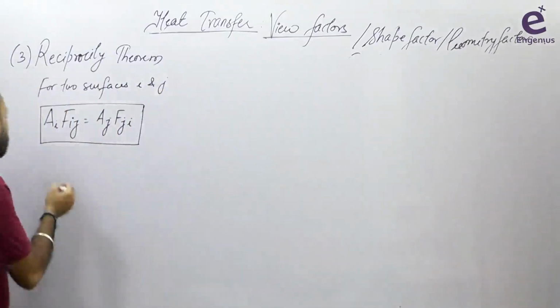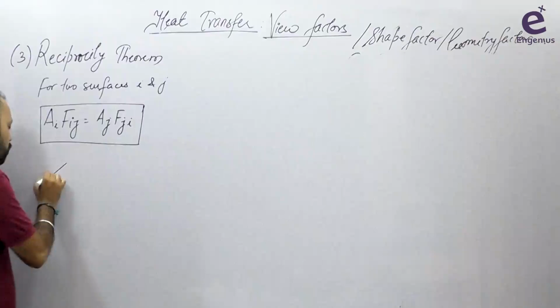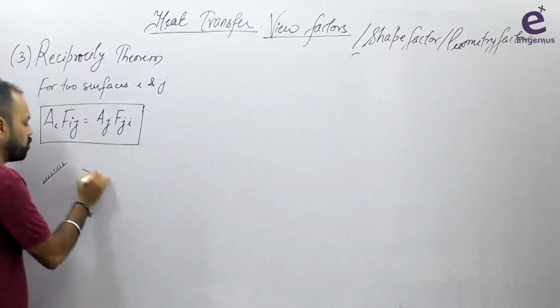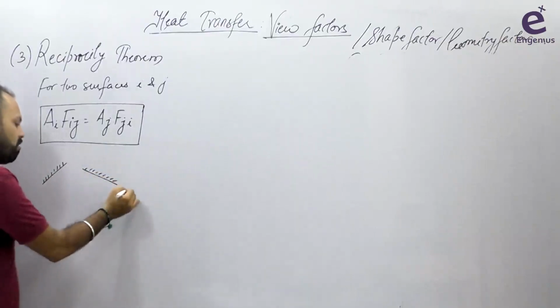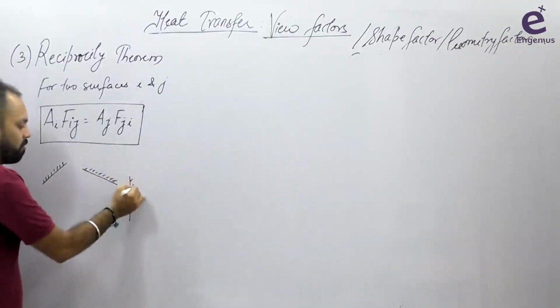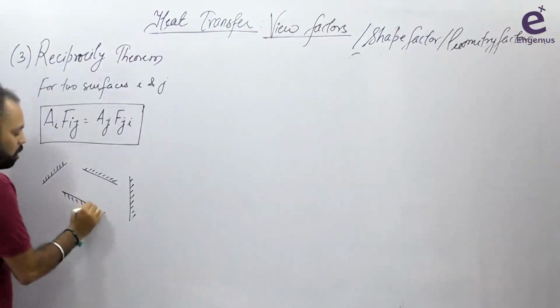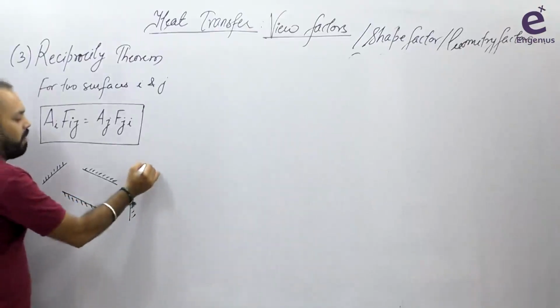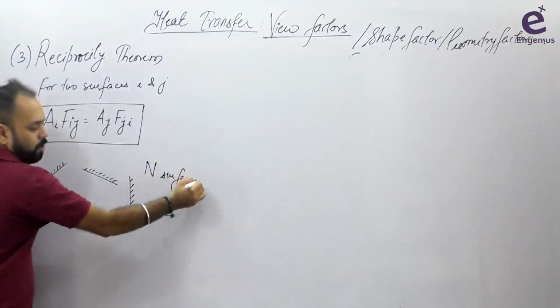Now the second thing: suppose you have n surfaces, like this. I'm not saying that they must form enclosures; they can be enclosures or not. In any case, the reciprocity theorem is valid. Suppose you have this surface also, and this one. Let's say you have a total of n surfaces.